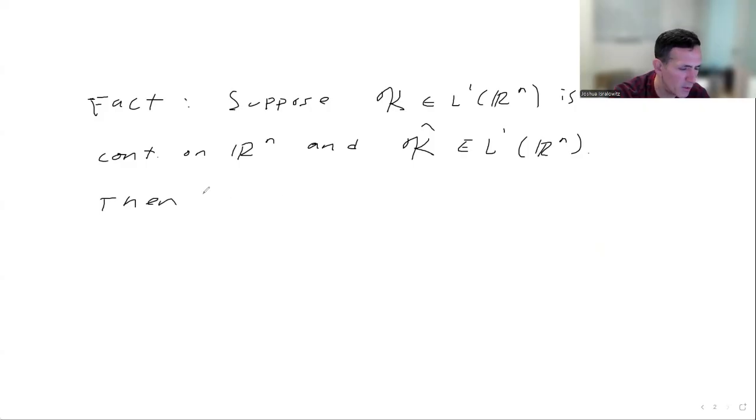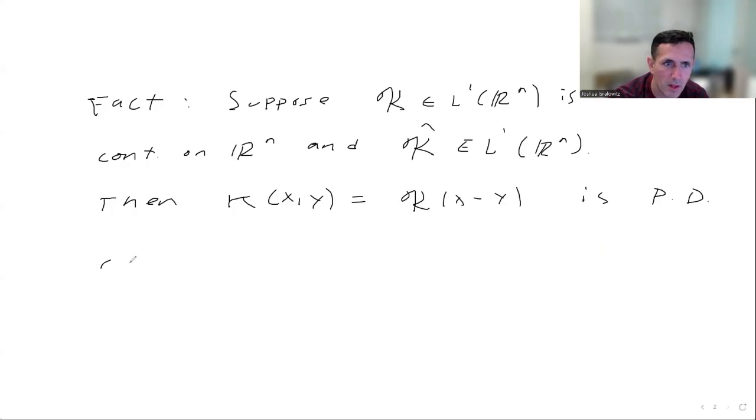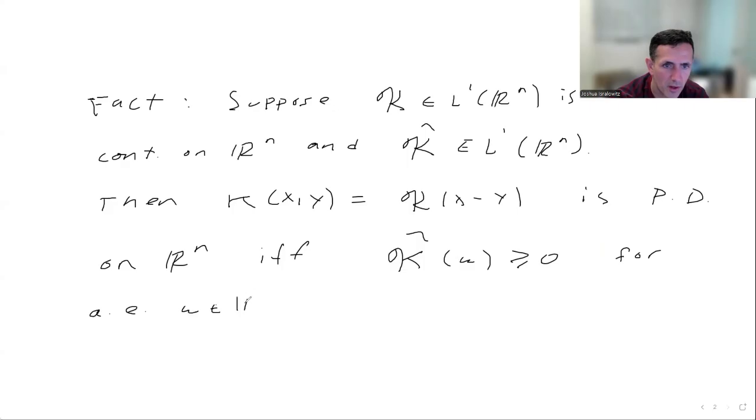Then the claim is as follows, and I'll only prove the easy part of this. So this kernel here is positive definite on Rn if and only if the Fourier transform is bigger or equal to 0, almost everywhere.